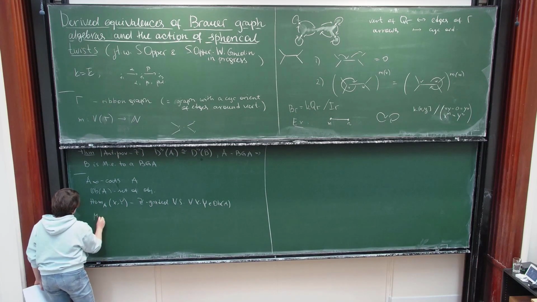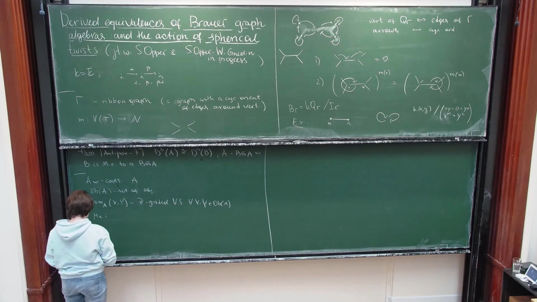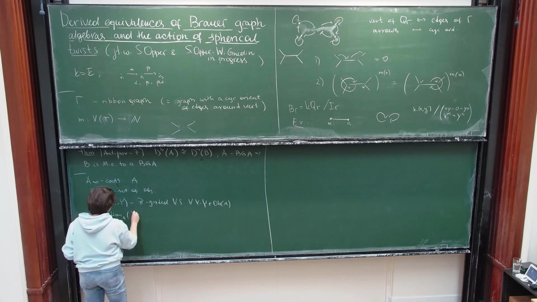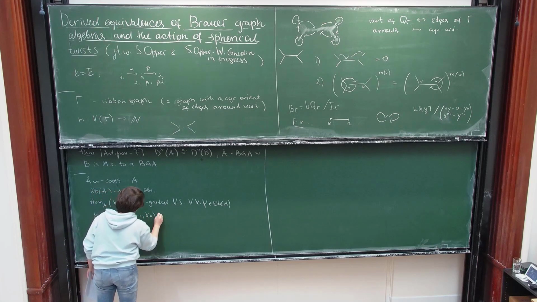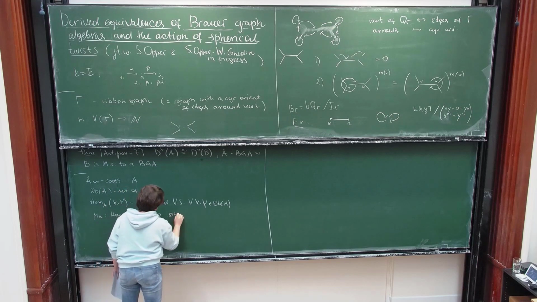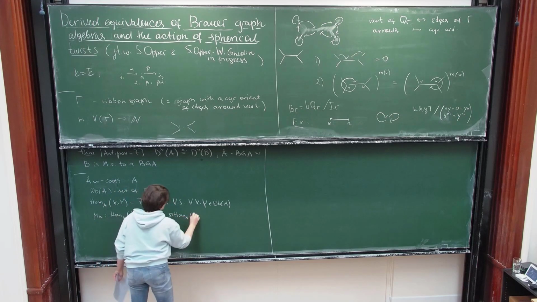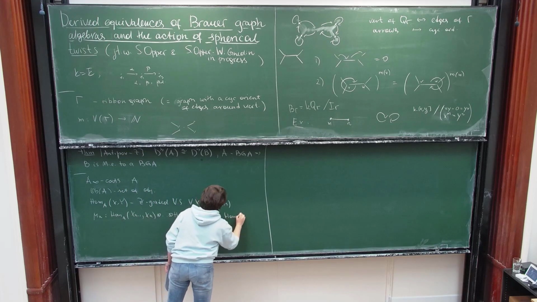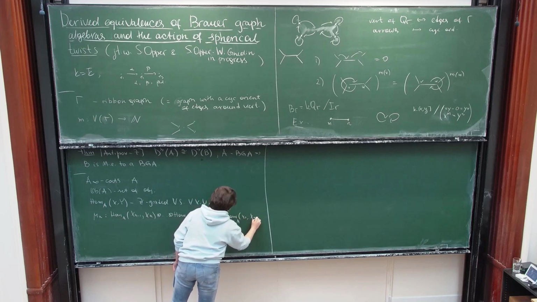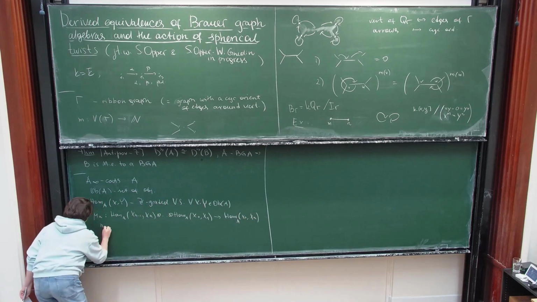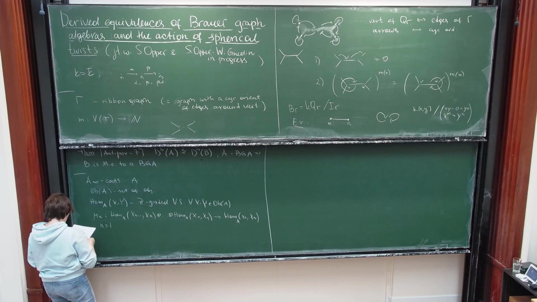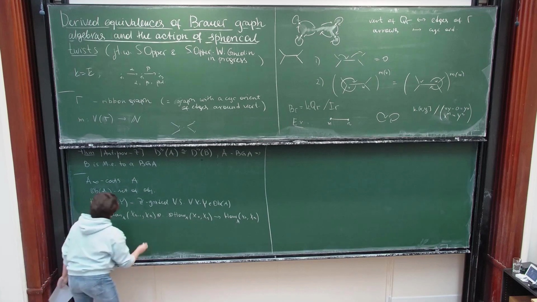For any n greater or equal than 1, this is going to be a linear map of degree 2 minus n.